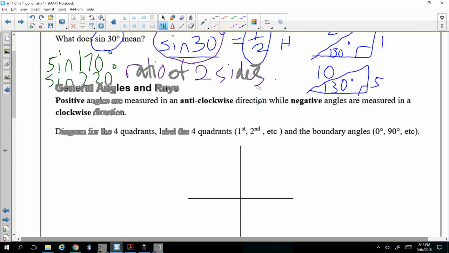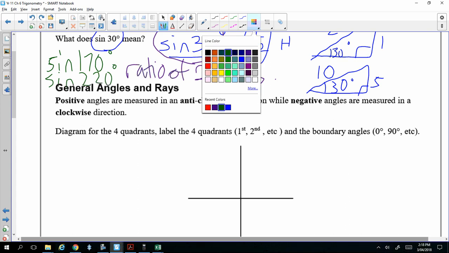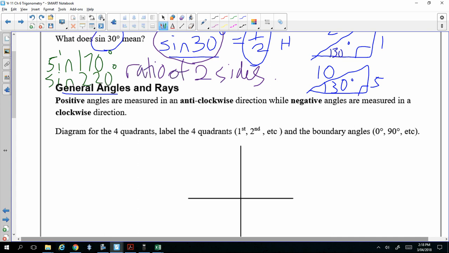Okay, we have 2 different types of angles. Positive angles are measured in the anti-clockwise direction, while negative angles are measured in the clockwise direction. We'll start from here, that's 0 degrees. Going anti-clockwise, that's 90, that's 180, and then you get 270 up to 360.